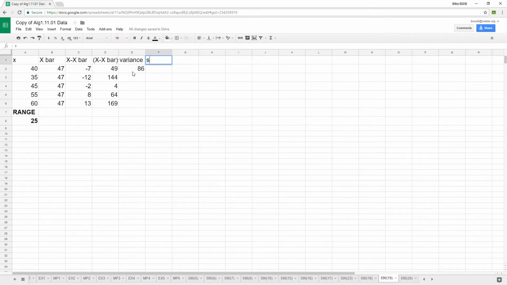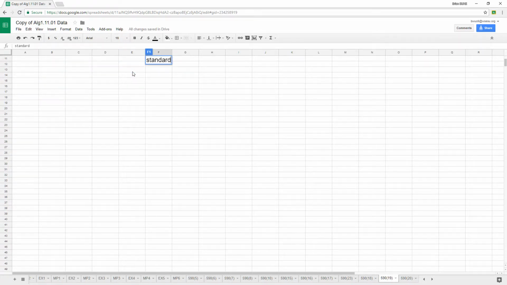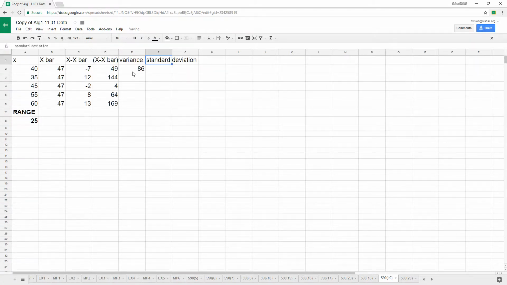Then the last thing I get is standard deviation, which is the square root, SQRT, of that. And I get a standard deviation of 9.27.